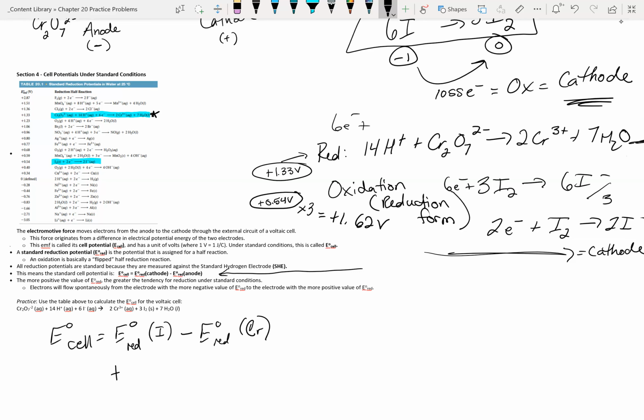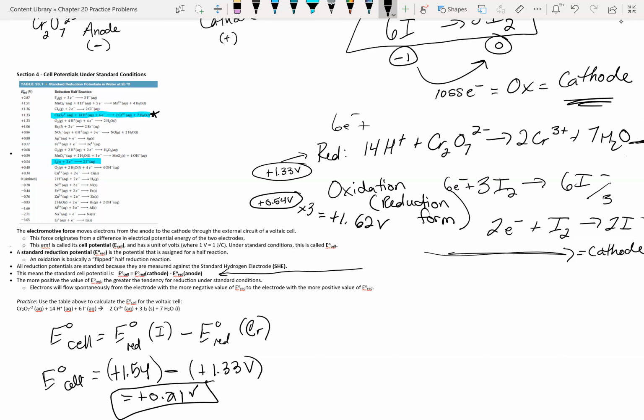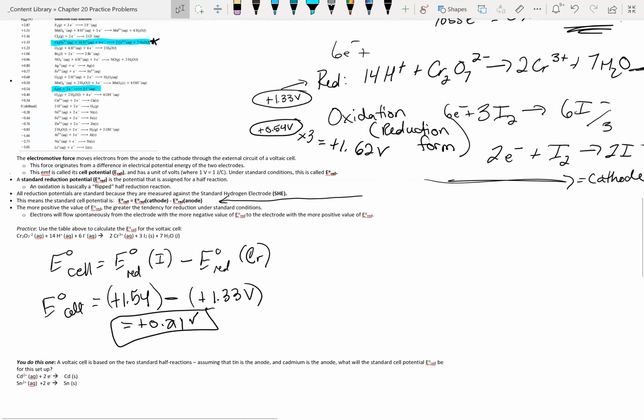So I'm going to do positive 1.54 minus positive 1.33 volts equals E naught cell. And that value is going to be a positive number of positive 0.21 volts.